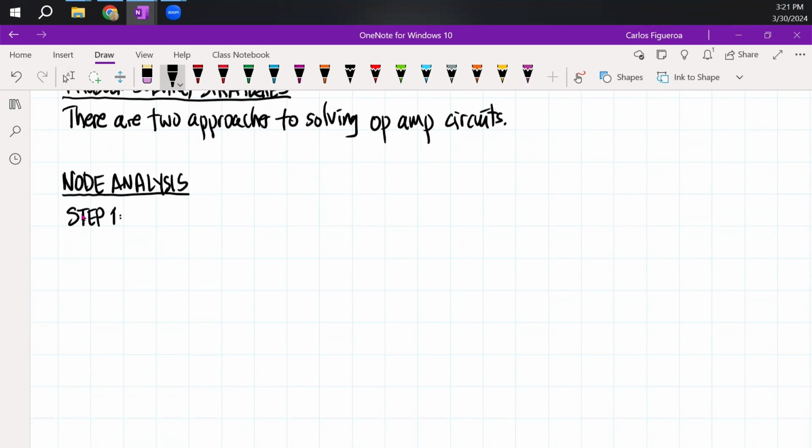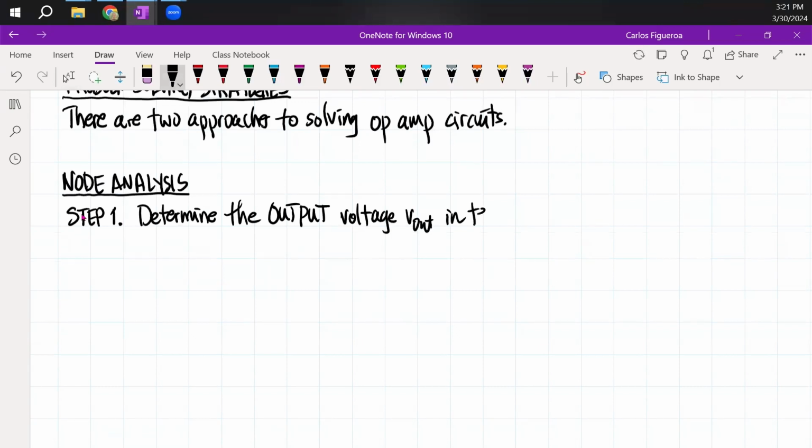So in the first step, you want to determine the output voltage V out in terms of the input.